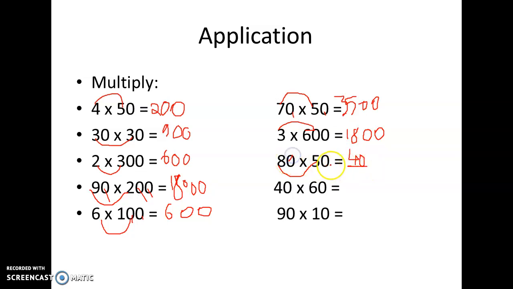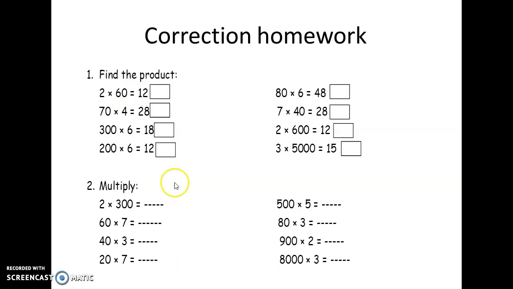And how many zeros are there? 2. 1, 2. 4 times 6, 24. And 2 zeros. 9 times 1, 9. And 2 zeros.